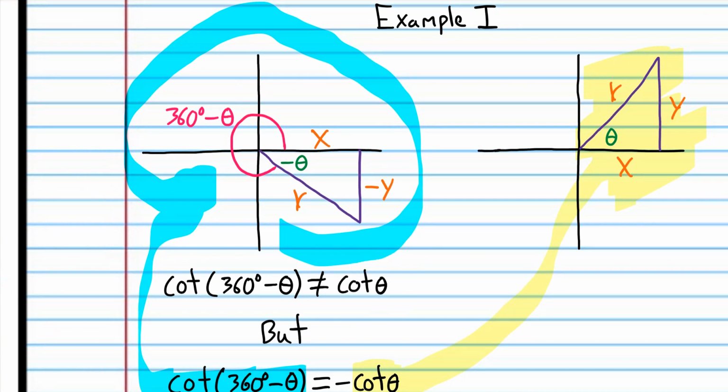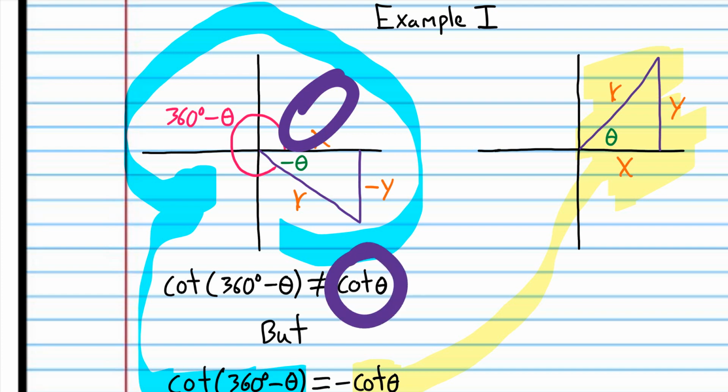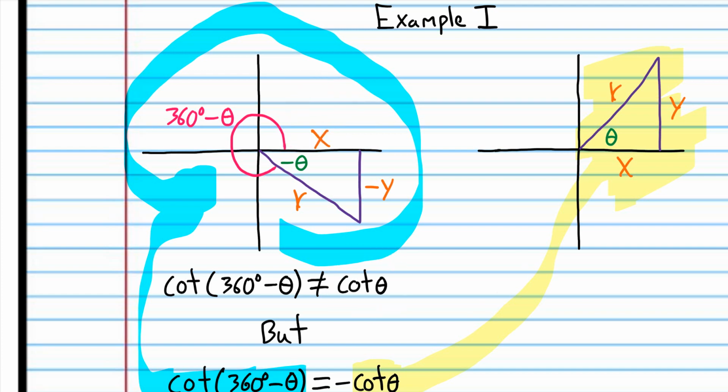It says positive theta. So that means you're in the first quadrant, not the fourth quadrant. In fact, you're comparing all of these expressions to trigonometric functions in the first quadrant. That's what this means. Sine theta, cosine theta, if you assume that theta is an acute angle, which of course it is in this example.